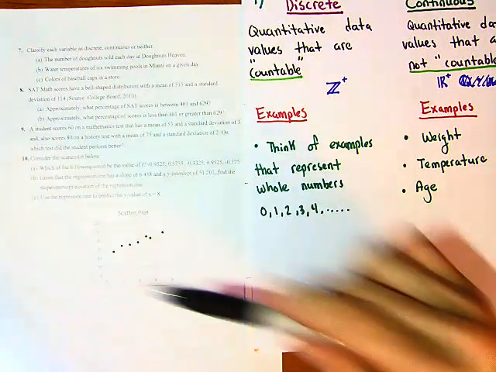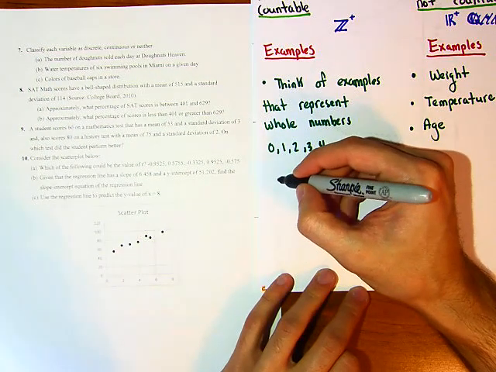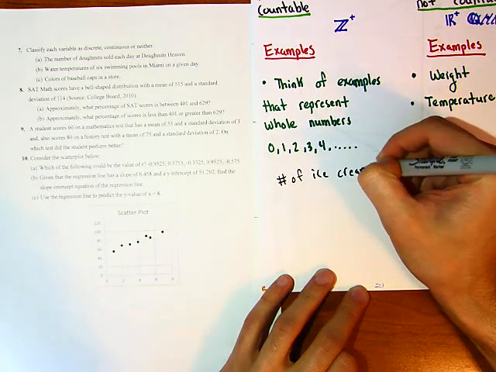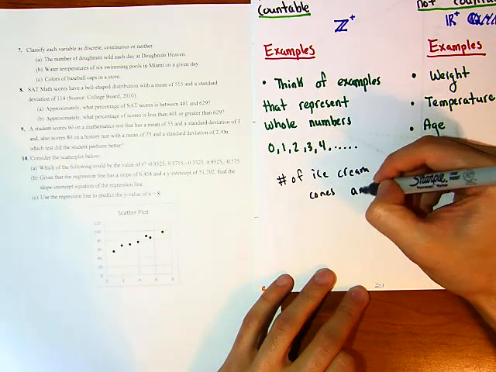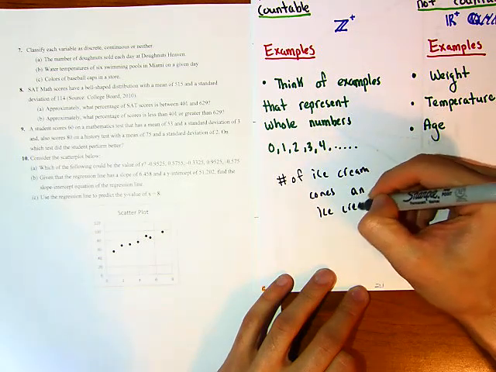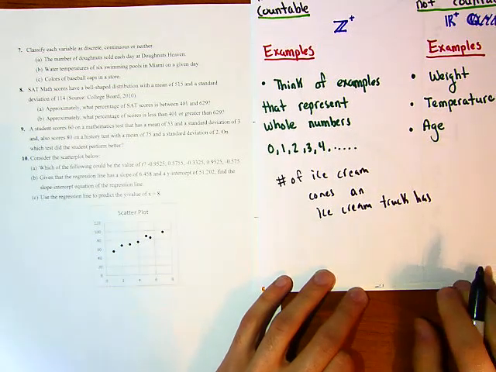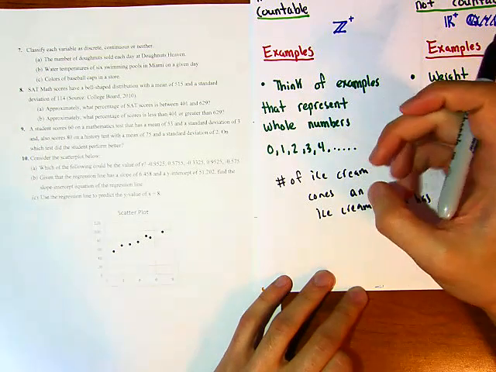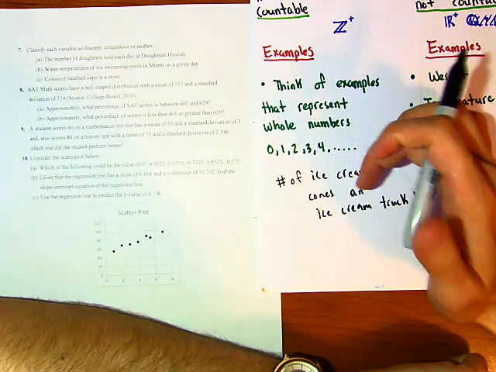For example, something that would be discrete would be the number of ice cream cones an ice cream truck has. How many ice cream cones can you have in a truck?